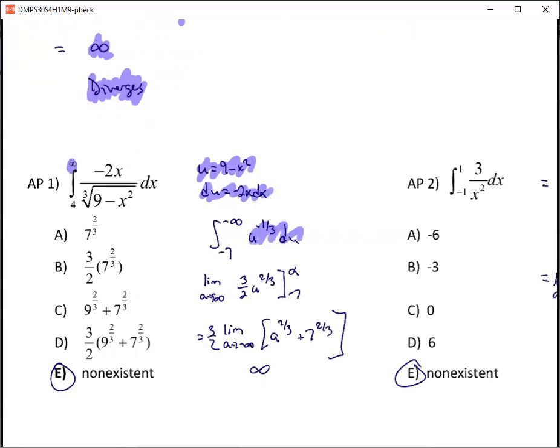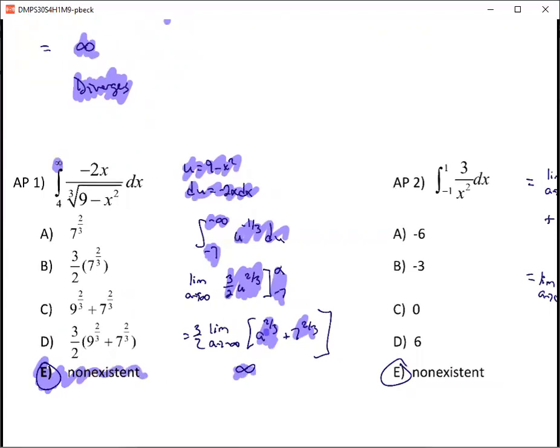So as x approaches 4, u is going to approach -7. As x approaches infinity, u approaches -infinity. We can flip this around, or keep it as it is, which is what I did in this problem. But indefinite integral, make it definite. Then we have infinity to the 2/3 is infinity, so this is a non-existent limit.